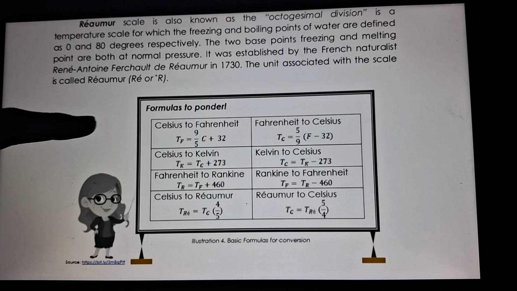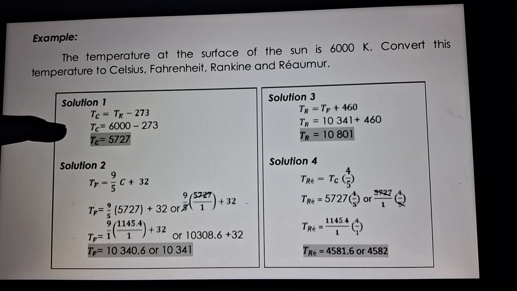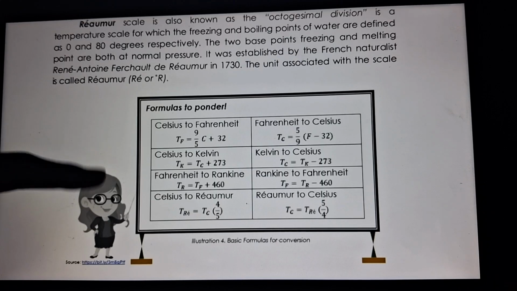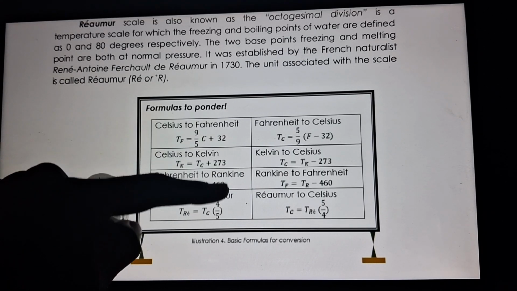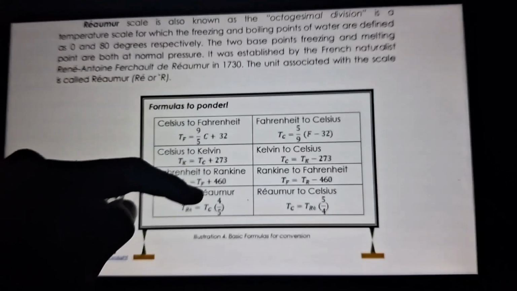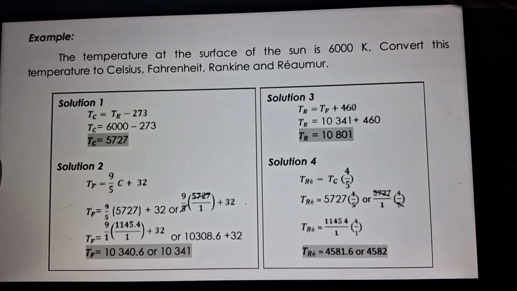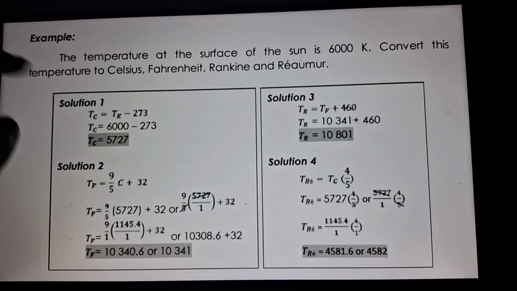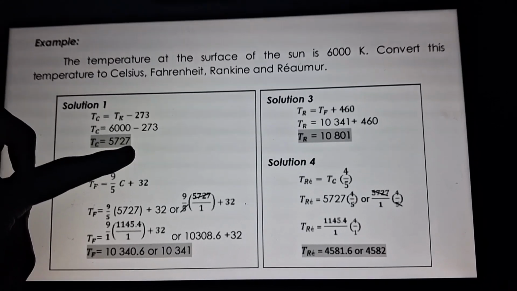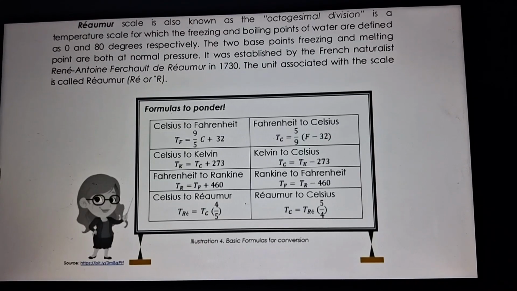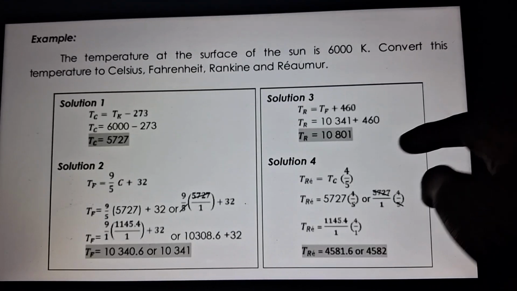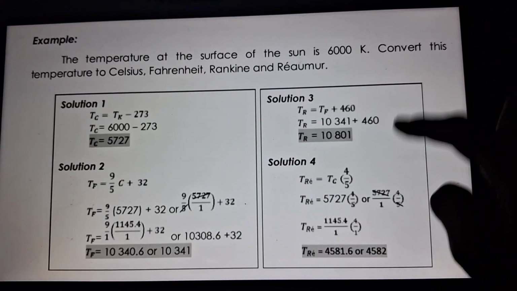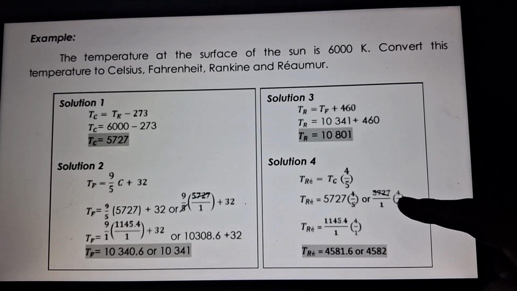As you can see, the formula for Kelvin into Celsius is: Celsius is equal to Kelvin minus 273. So 6,000 minus 273 is 5,727. So you are going to follow this formula only. If you follow the formula, you can substitute everything.